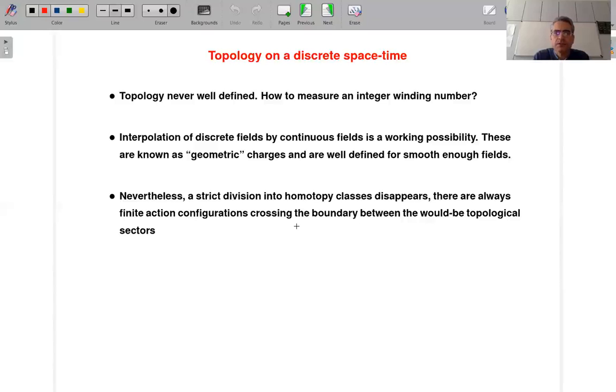configurations. So when we are in the continuum, you can imagine that the space of configurations, now what I'm drawing does not make much sense in a space of configurations, but imagine that the space of configurations is just this line. When we are in the continuum, such configurations are divided in topological sectors.